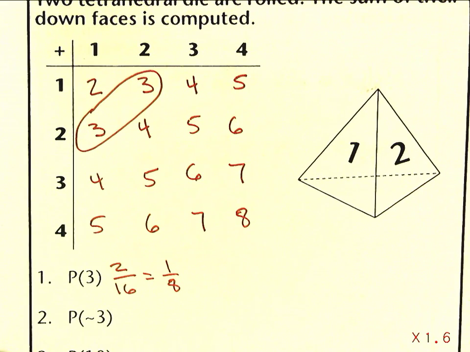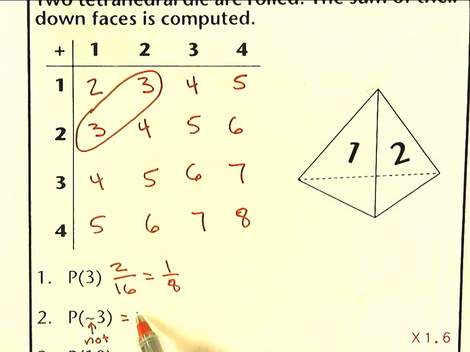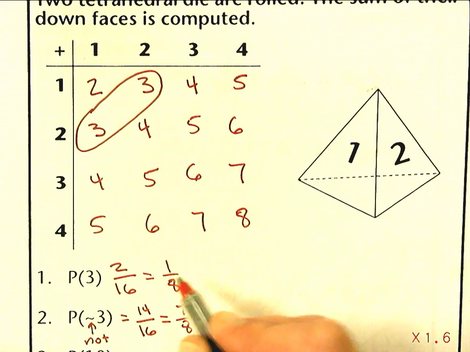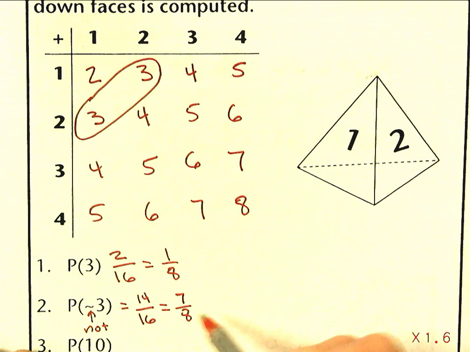So now we go back to some of our other symbols, like this symbol, which means not. The probability of not getting a 3 would be all of the rest, all but those two, which is 14 of the 16, or reduced, 7 out of 8. If you look at the 1/8 and the 7/8, we have the rest of them.